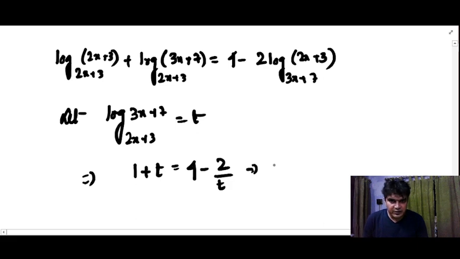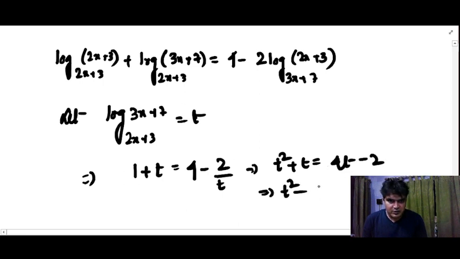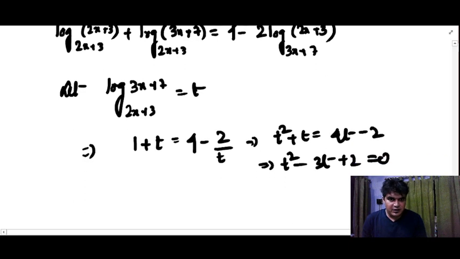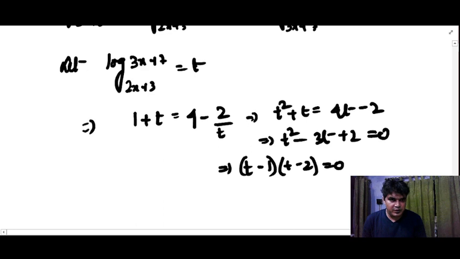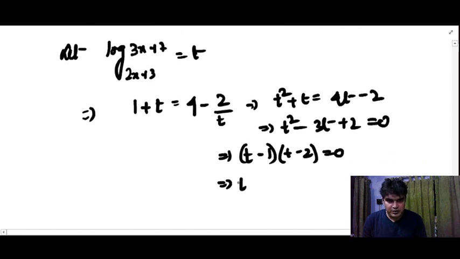If I simplify it, I'll multiply it by t, I'll get t square plus t, that is equals to 4t minus 2. So t square minus 3t plus 2 equals to 0. So if I factorize this part, I'll get t minus 1, t minus 2 equals to 0. So from here I'll get two values of t. One is t equals to 1, another one is t equals to 2.